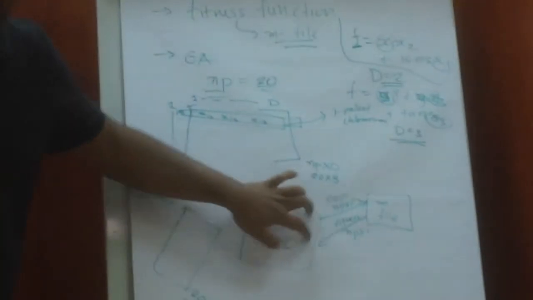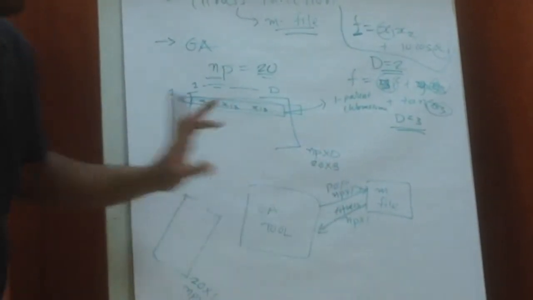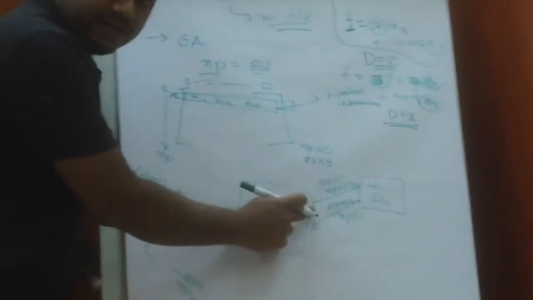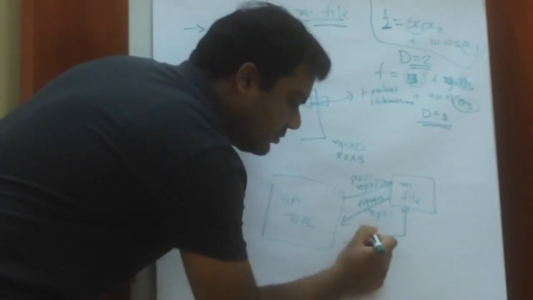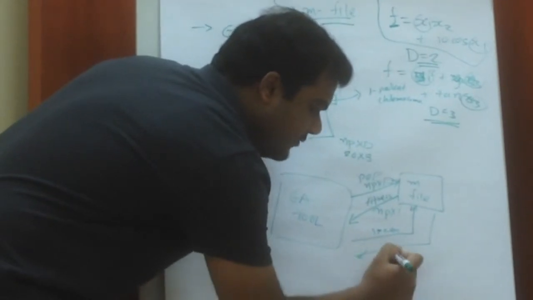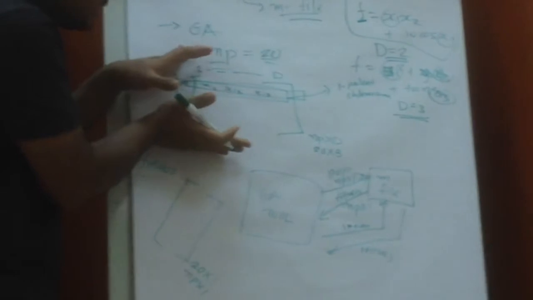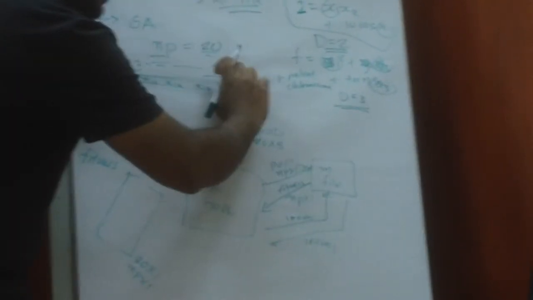Now this flow you can control from your Optim tool. So you have two options. You can send the entire matrix, or you can send one parent at a time and get one fitness at a time. So instead of sending this entire matrix, you'll just send this one row at a time.